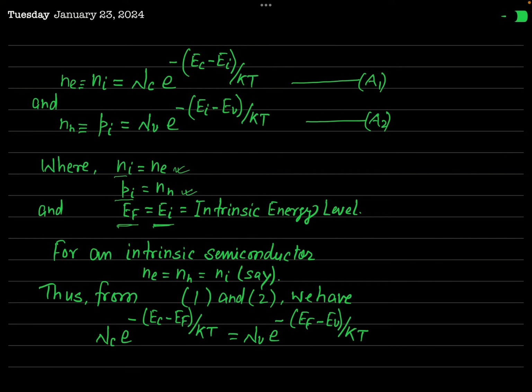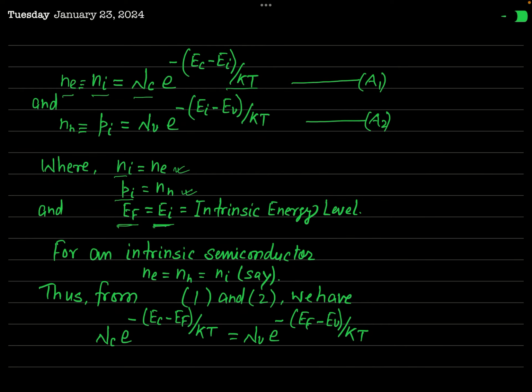So you can see that the result in terms of this Ei instead of Ef can be written like this. Ne is now written as Ni, and that will be given by Nc times exponential raised to the power minus (Ec minus Ei) over kT.